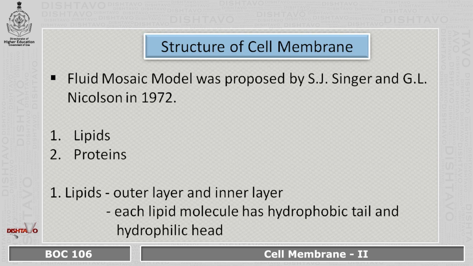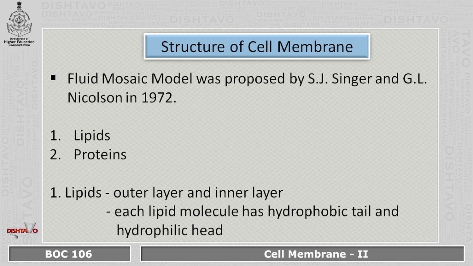According to this model, the plasma membrane consists of lipids and proteins. The lipid is in the form of fluid and the proteins are embedded here and there in the lipid in a mosaic pattern. Hence the name fluid mosaic model.